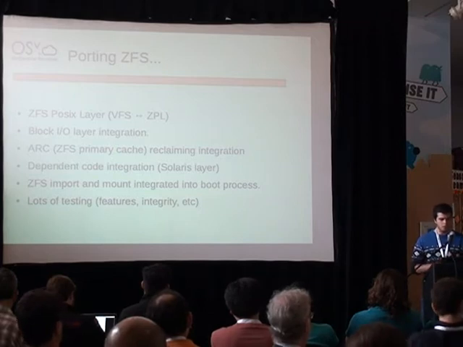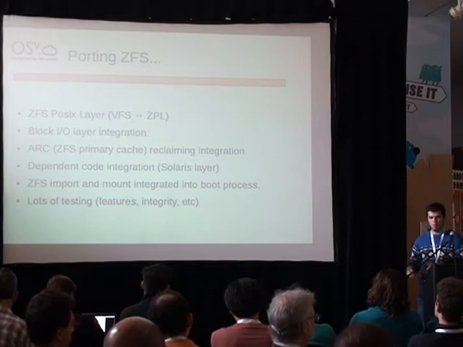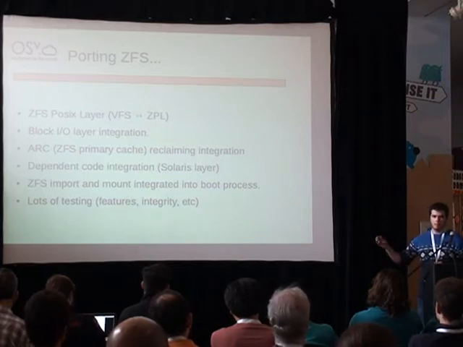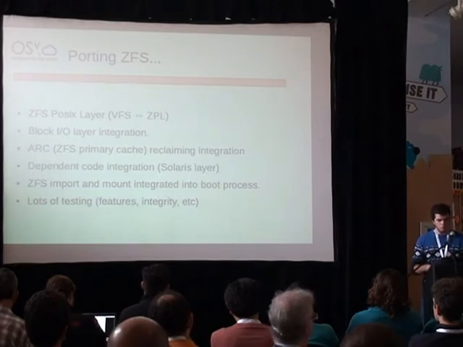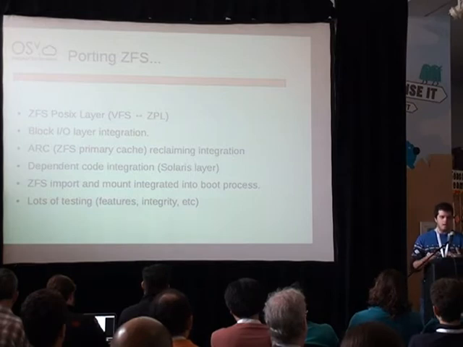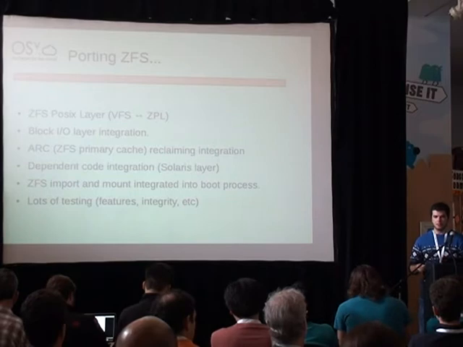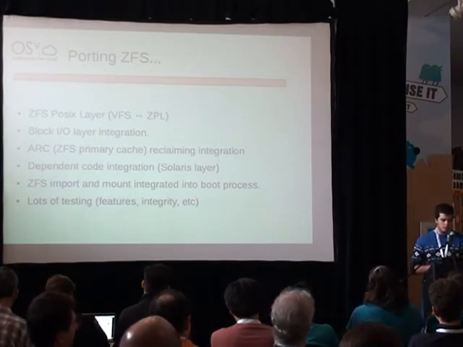Upon memory pressure, the operating system will go to the ARC reclaim and say, I need X amount of memory to be given back to the application. So it would go to ARC reclaiming, which was integrated into our reclaiming infrastructure, where many subsystems of the operating system have their own reclaiming function. ARC provides that, and so we had to get that function integrated into our reclaiming infrastructure. So that was the next step.